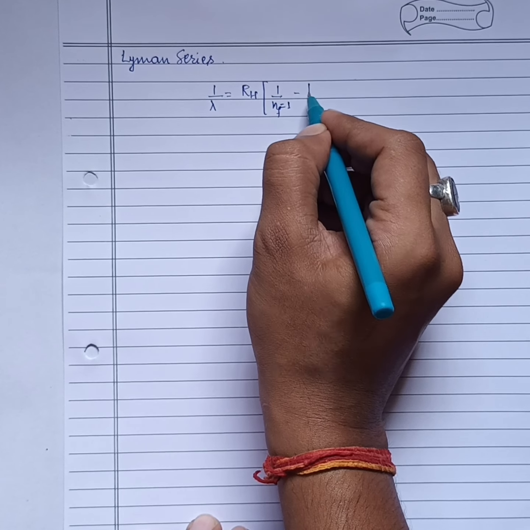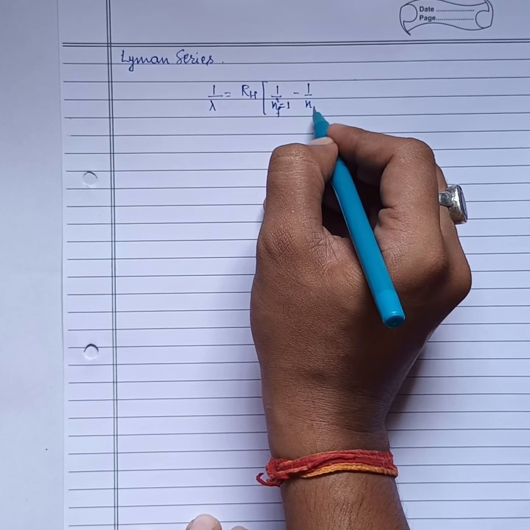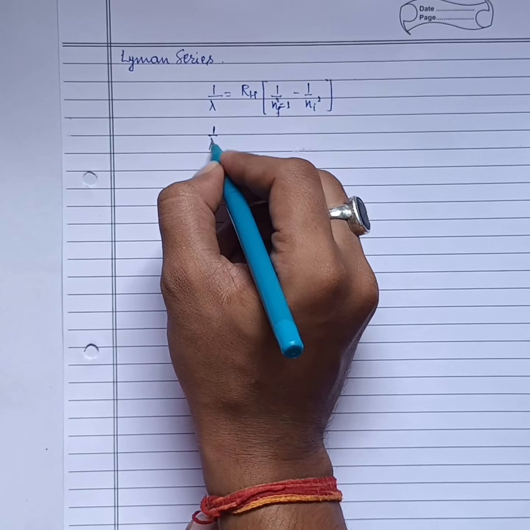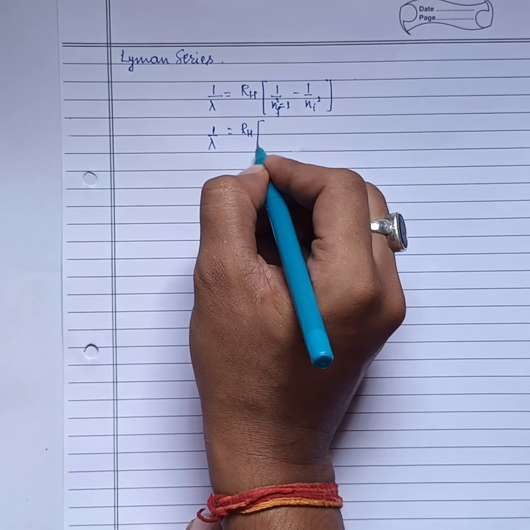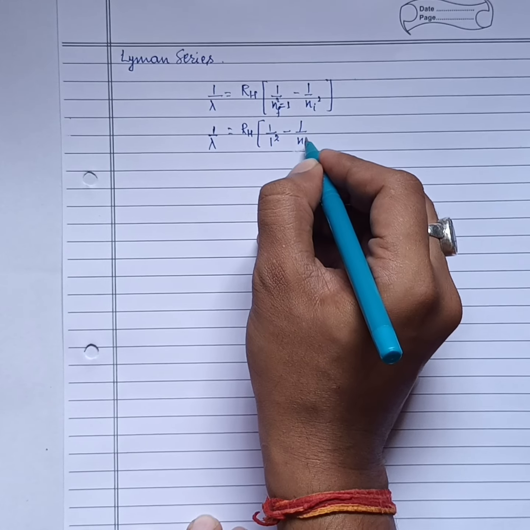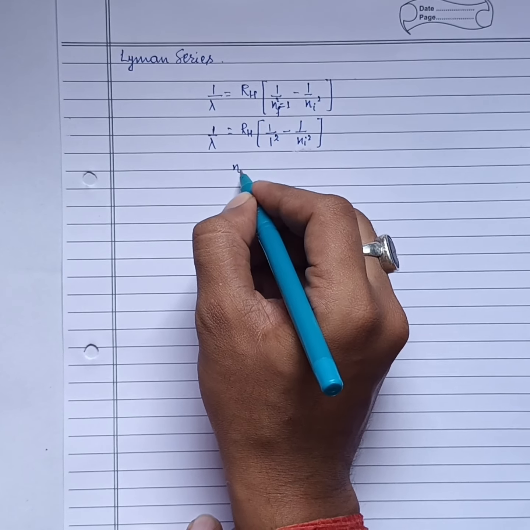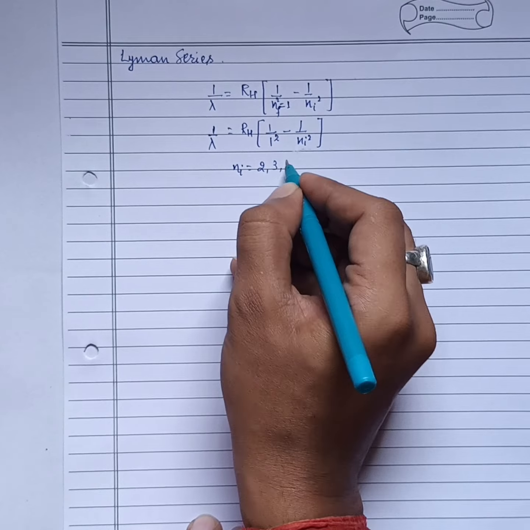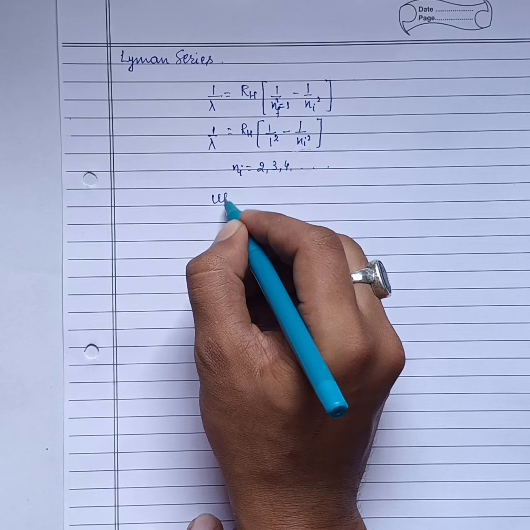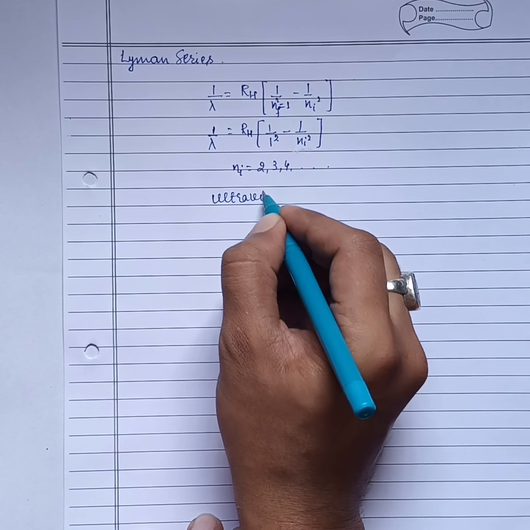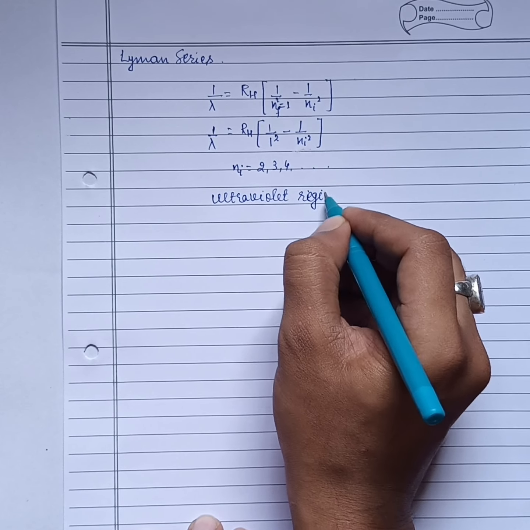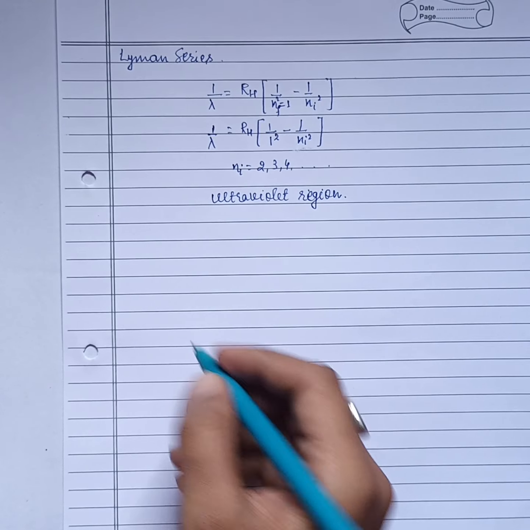Here, Lyman put 1 upon lambda equal to RH times 1 upon 1 square minus 1 upon n initial square, where n initial is equal to 2, 3, 4, 5. He got a different series, and that series falls in the ultraviolet region.